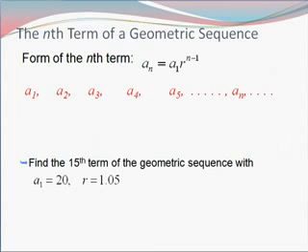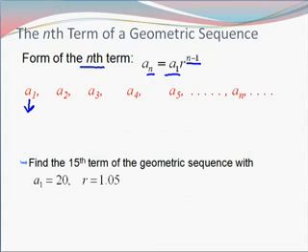Sometimes you are going to want to find the nth term in a geometric sequence. The way we go about doing that is using this formula. You can find any term in your sequence, a_n, by using a1 times r to the n minus 1. Let's take a look at why it's n minus 1.